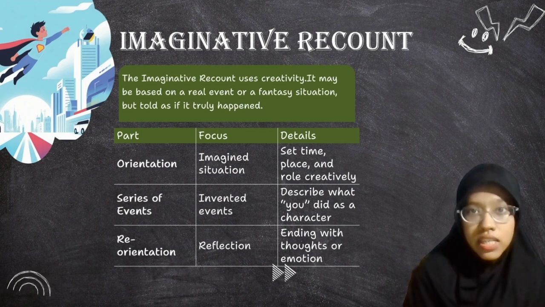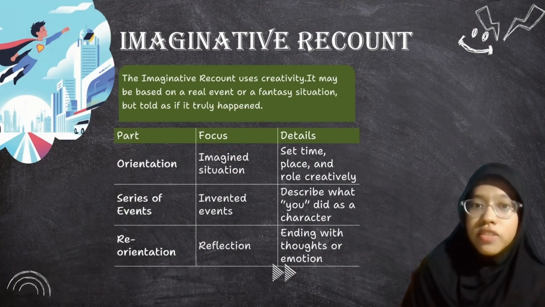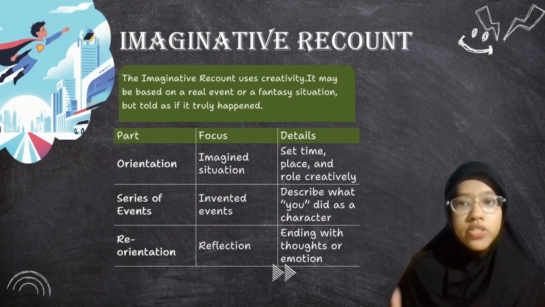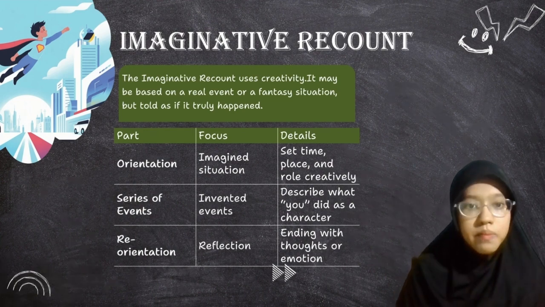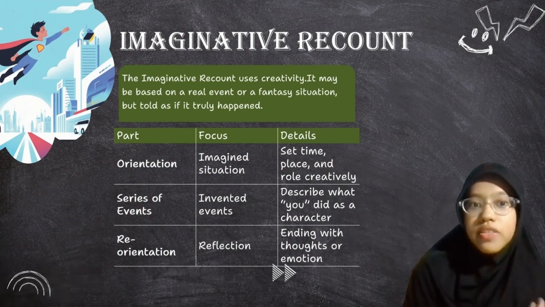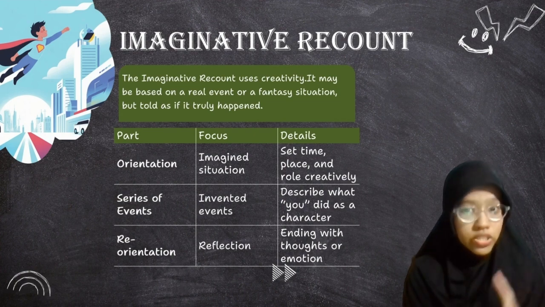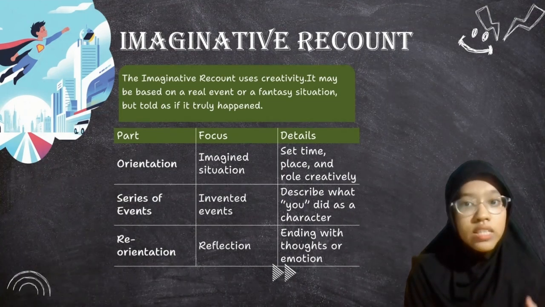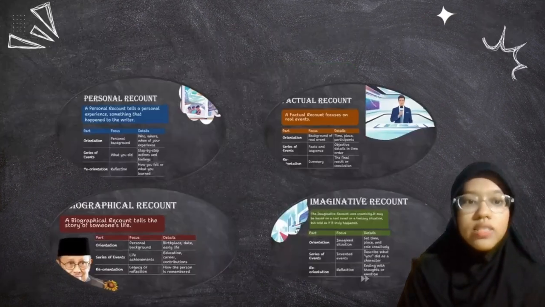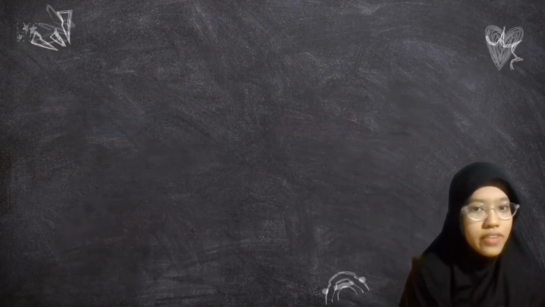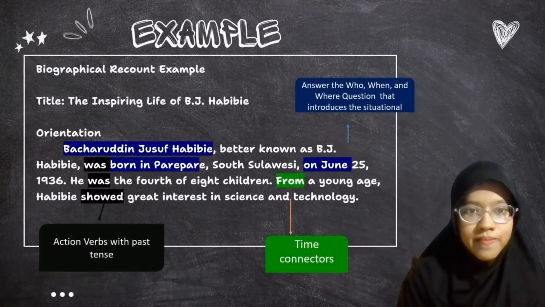The last is the reorientation. It ends the story with a reflection or emotion, just like a personal recount, but more creative. So, even though imaginative recounts can include fictional elements, they still follow the same structure: orientation, events, and reorientation.